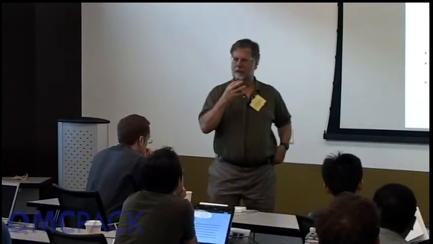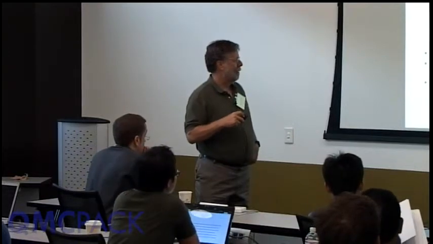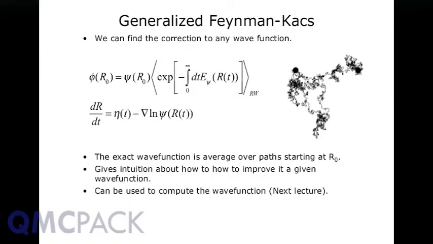But it's useful that there is this connection between the local energy and the exact wave function. So you can use it to get insight into how a wave function should behave. By the way, this equation is like the smart Monte Carlo, where the random walk has to be biased by the gradient of the trial wave function.